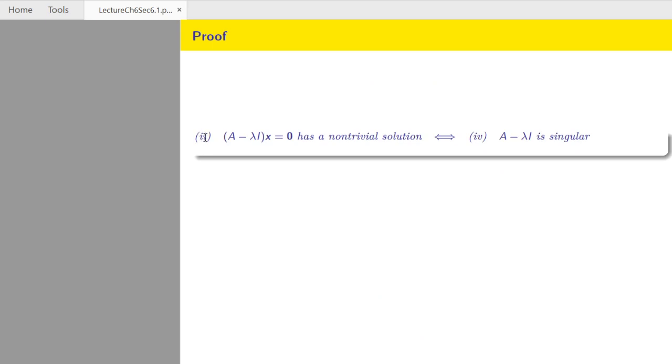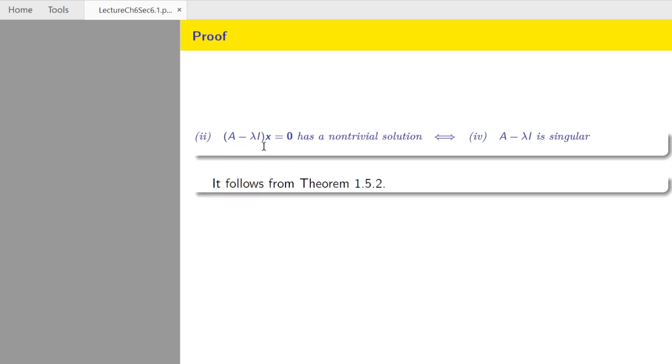The equivalence between the second and the fourth statements. The second statement says the system (A minus lambda I)x equals 0 has a non-trivial solution. And the fourth statement says the matrix A minus lambda I is singular. Now this equivalence, we can prove just by applying theorem 1.5.2.